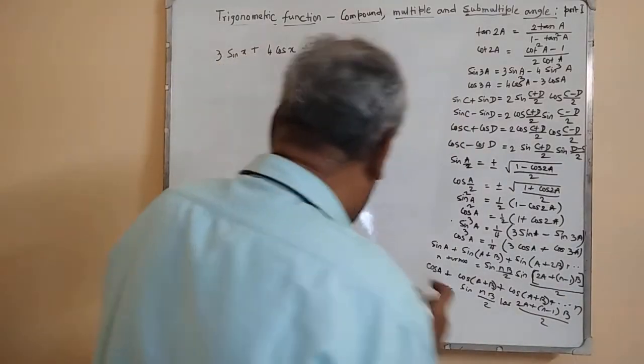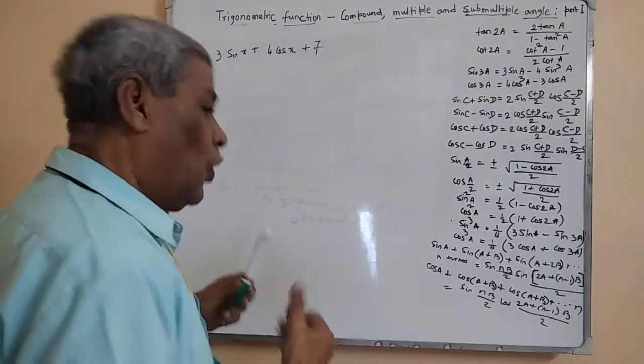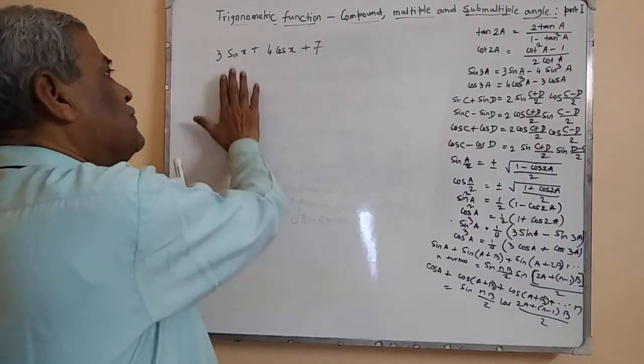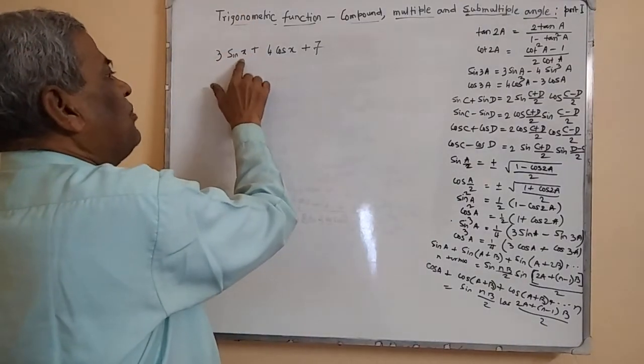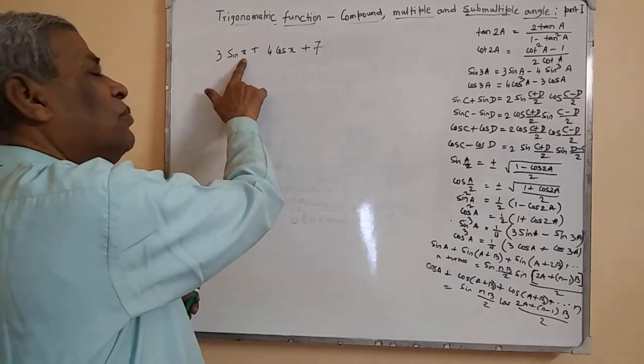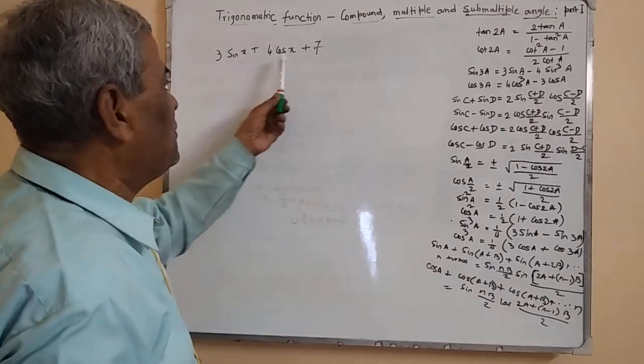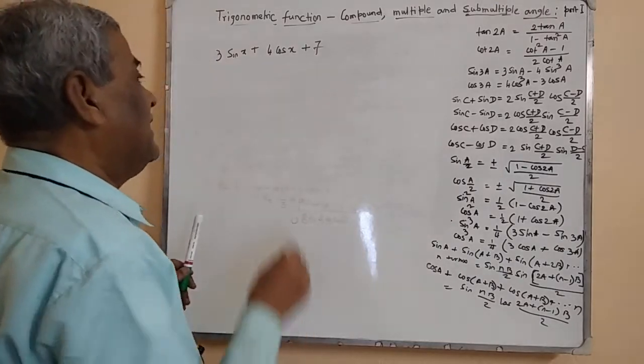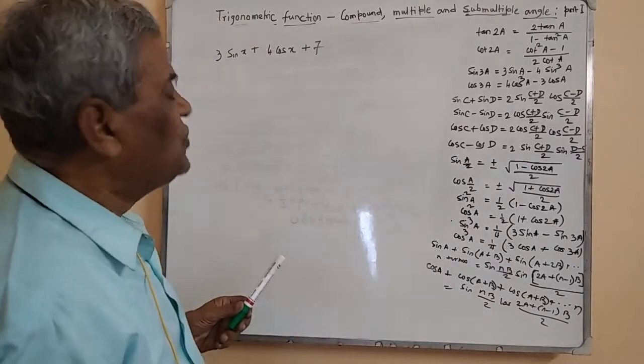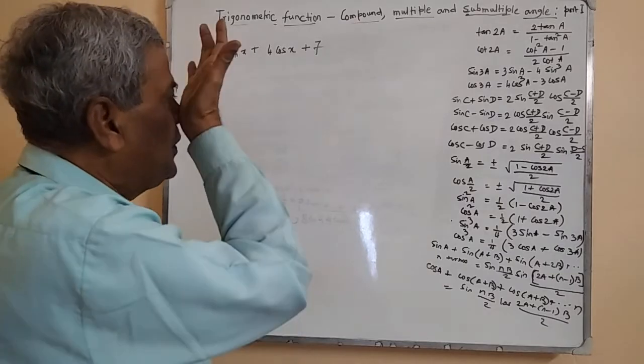If it is only one trigonometric function, sine or cos, we know its maximum value is plus 1 and minimum value is minus 1. But here the maximum is not that, mind that, because it is a linear combination of sine and cos.